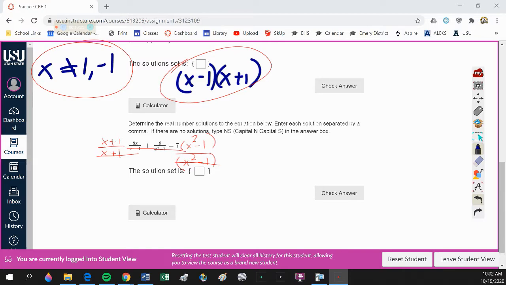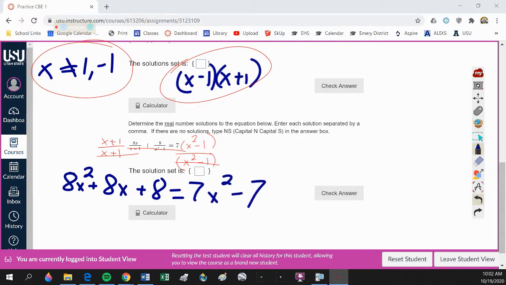So on the left side, 8x squared plus 8x plus 8 is equal to 7x squared minus 7. Let's move everything to the left.